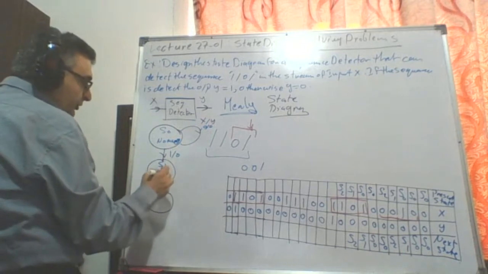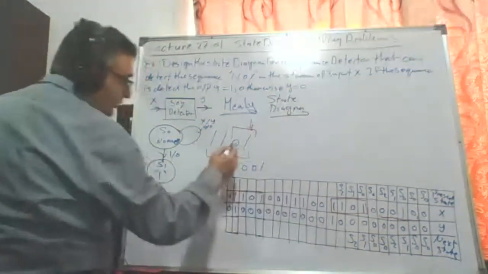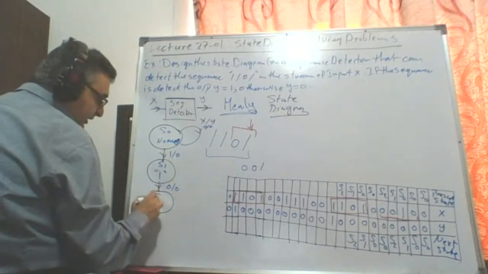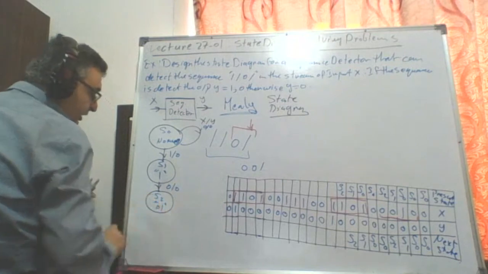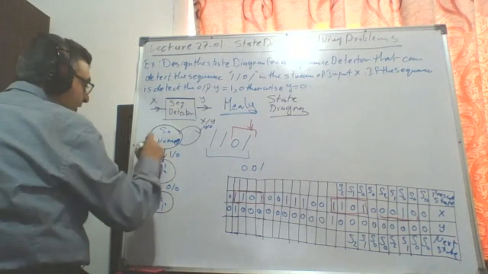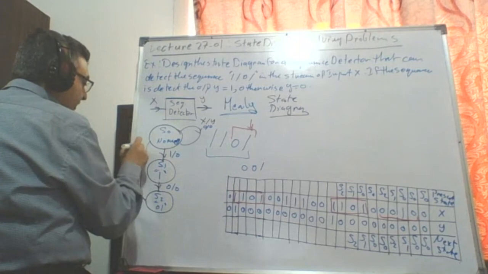Okay, so now in S1 I received a 0. When I receive a 0, that means I want to go to state S2, indicating that I received 1 and 0. If I'm in S2 and received a 0, I have to go all the way, 0 slash 0.